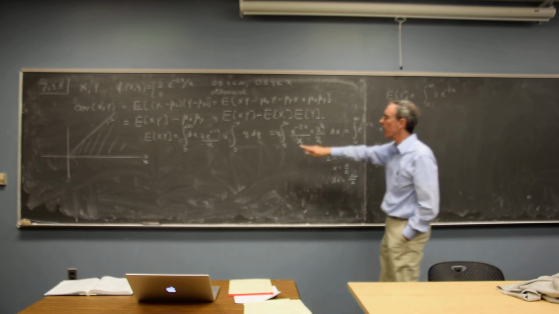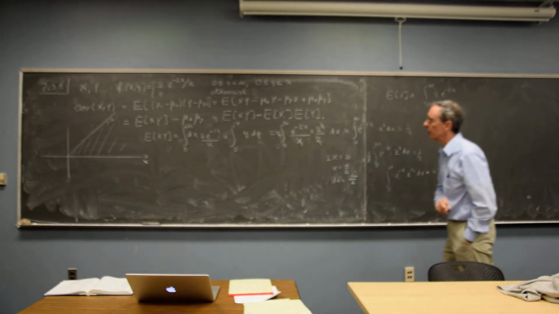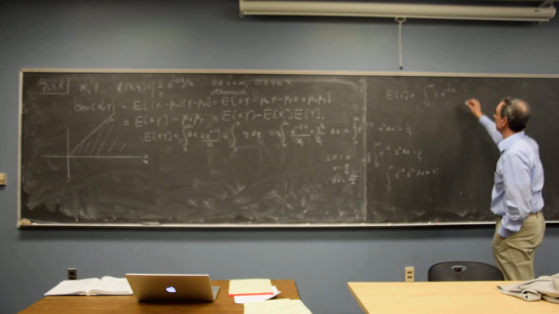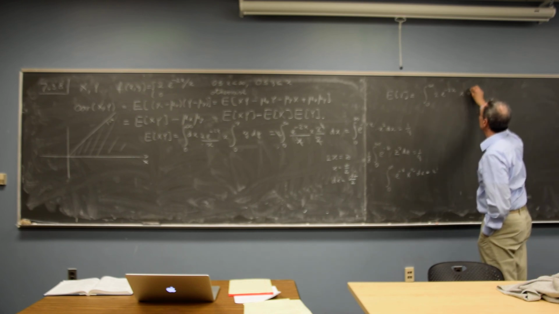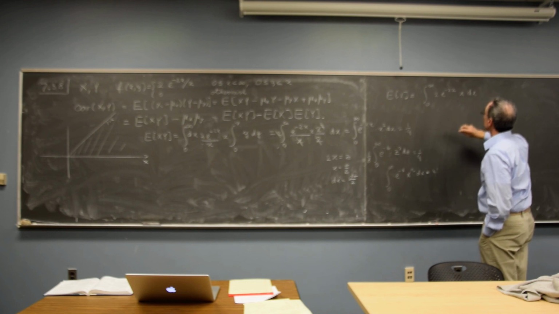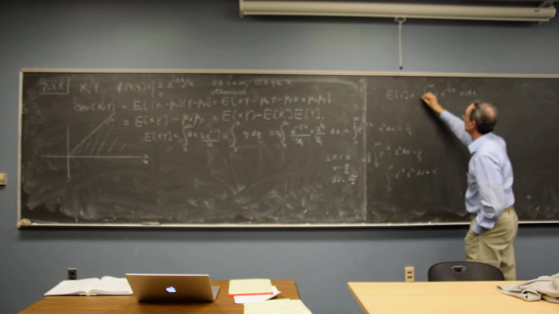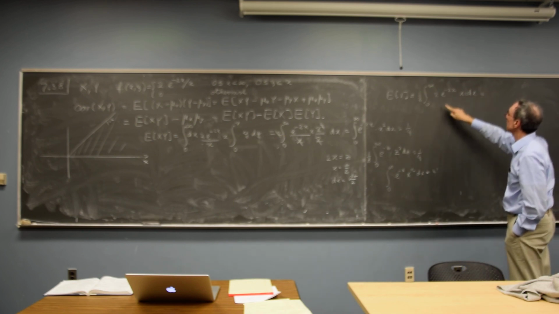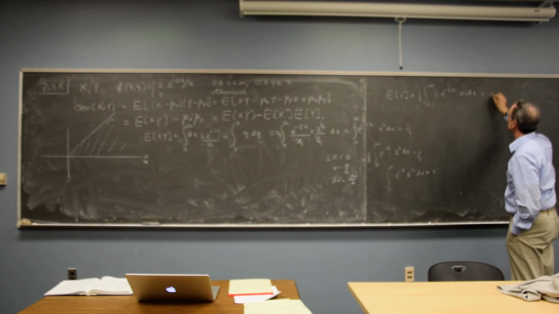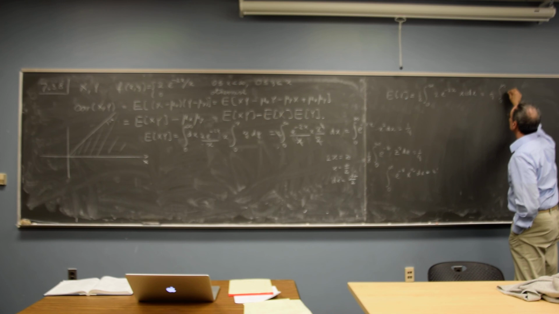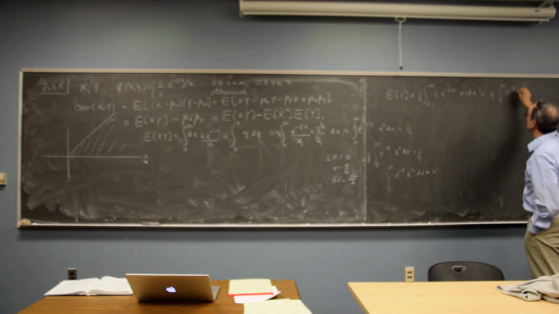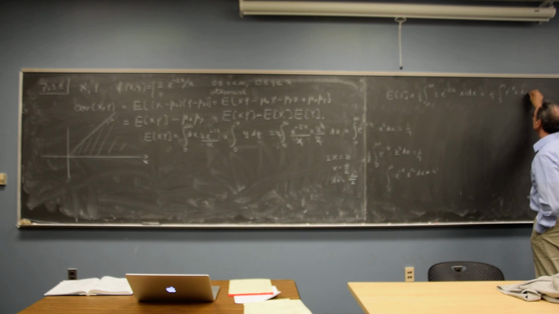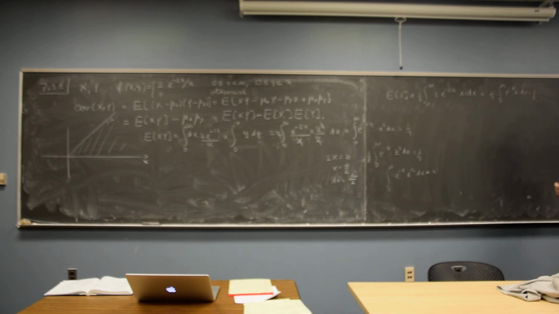There's no y here. So it's just the integral of dy, which is x. And so now this quantity here, if I multiply by 2 here and divide by 2, this is 1/2. That's 1/2, right?